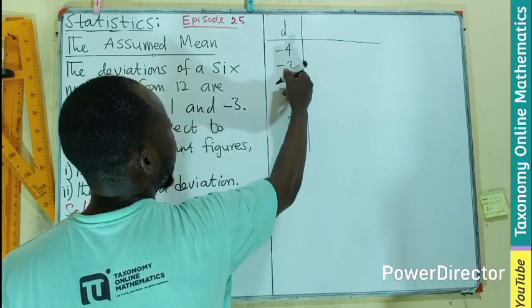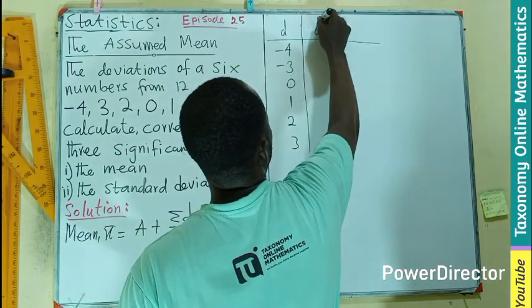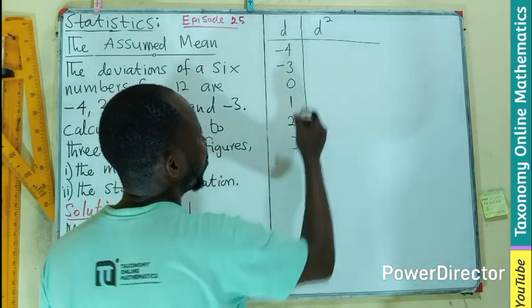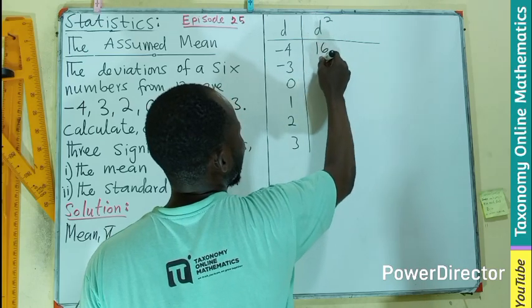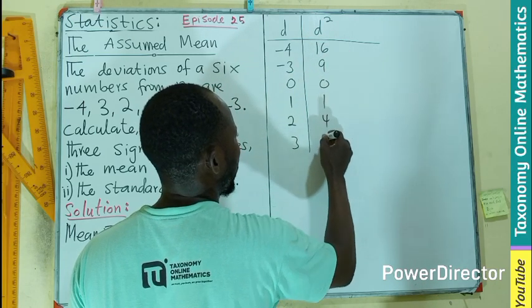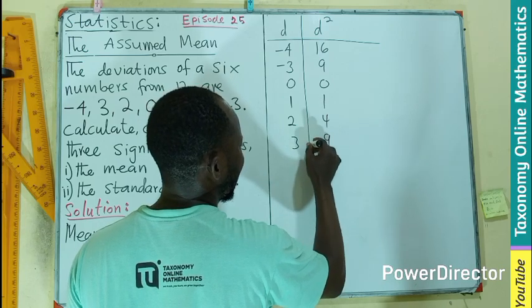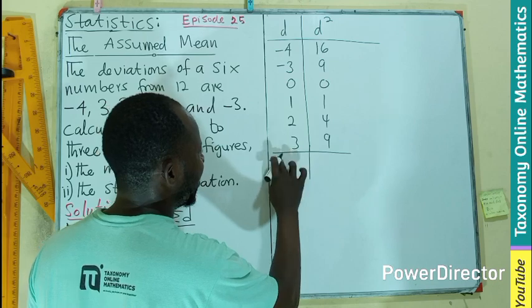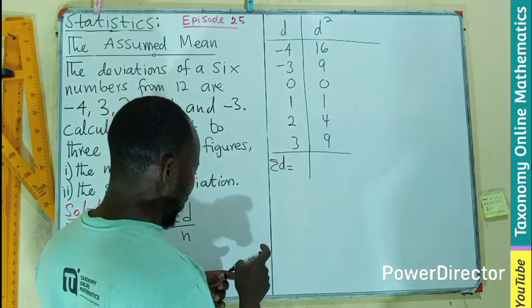Then I am going for d square because of the standard deviation. The d square will be 16, 9, 0, 1, 4, and 9. Let's cap it here and have our sigma d, adding all of them.